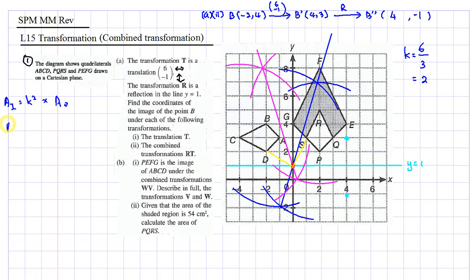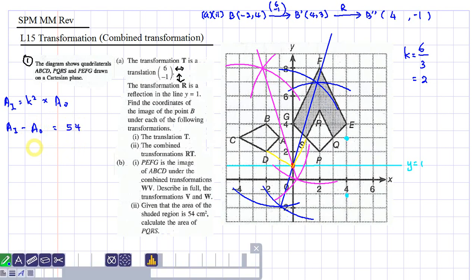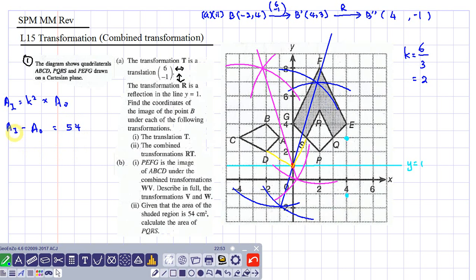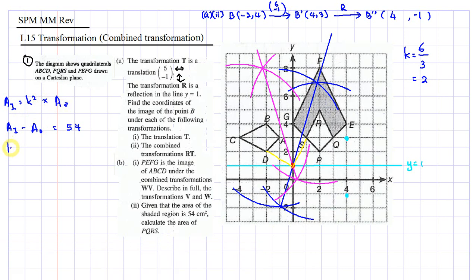Area of image minus area object is equal to 54. Okay, and we know that this area of image is actually equal to K squared times area object. Okay, this one we just copy 54.